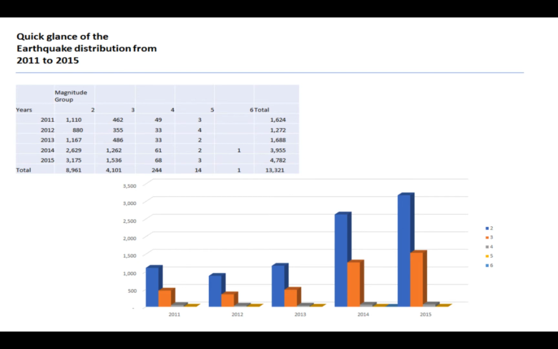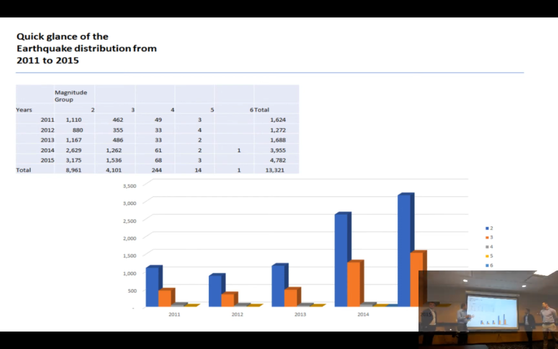Seismic 2 and 3 may not have much impact practically, so we want to focus our analysis on seismic 4 and above. That way we can see some meaningful impact to the population that we're trying to analyze.